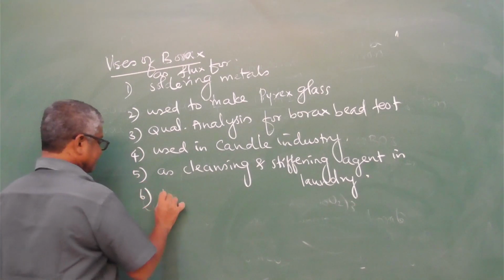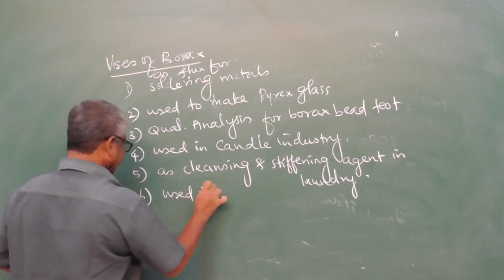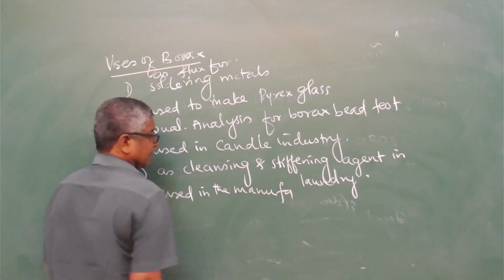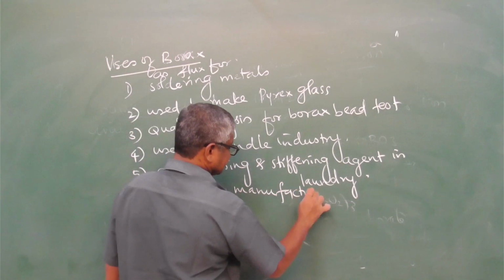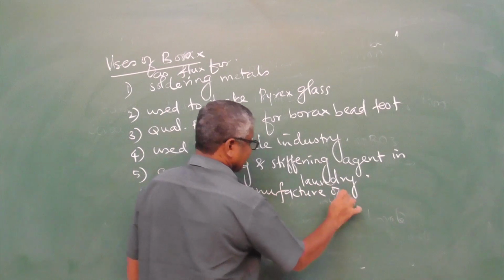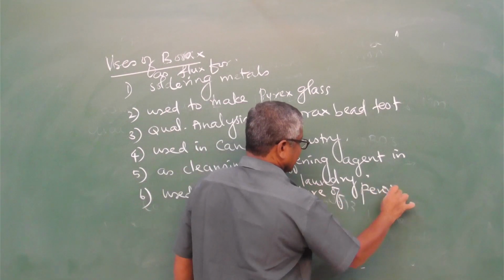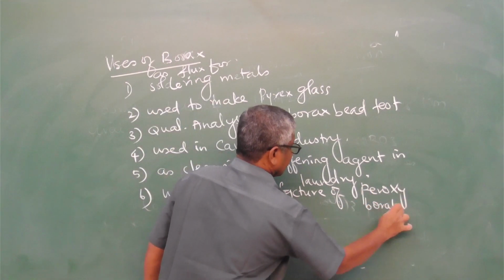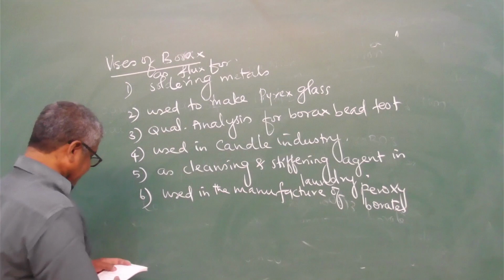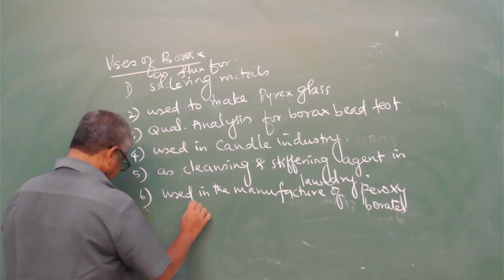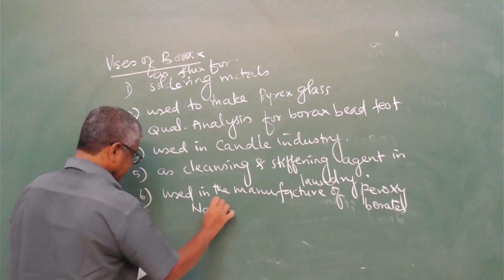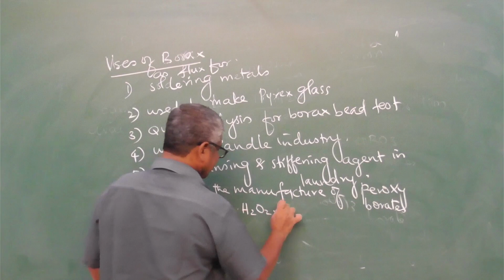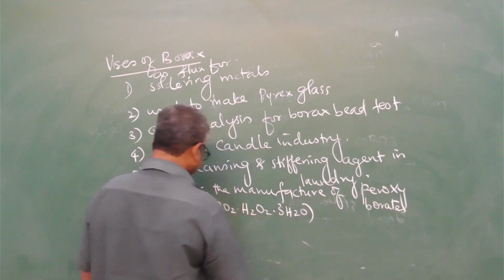Next, it is used in the manufacture of peroxyborates. Peroxyborates formula is NaBO2, H2O2 with trihydrate.